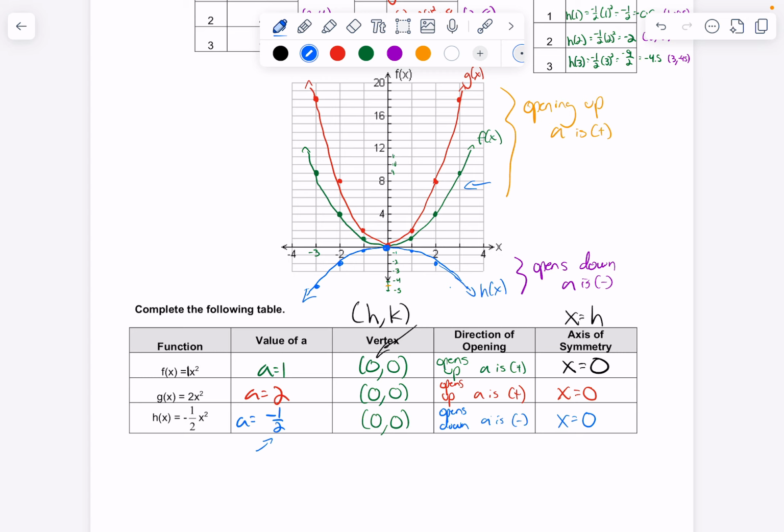This blue one looks like it was compressed. Somebody sat on it and it looks a lot wider. So it's wider or compressed. And that's because the a value is a fraction, right? So whenever the a value is a fraction, it's going to be compressed.